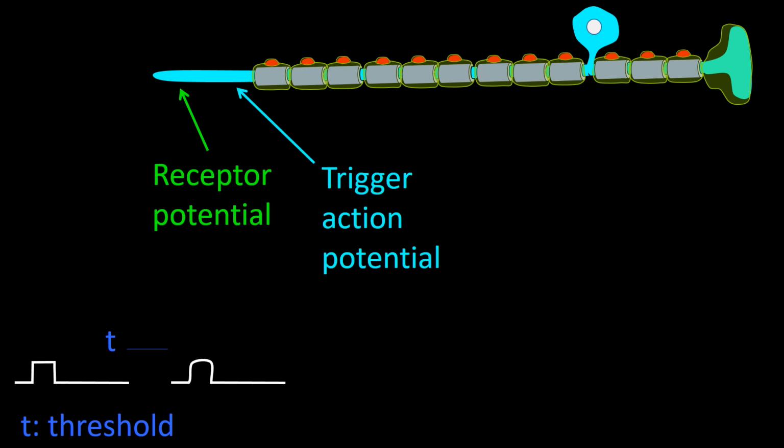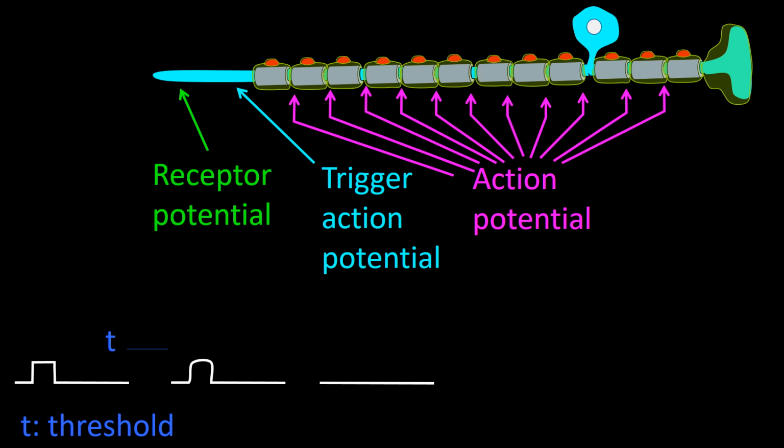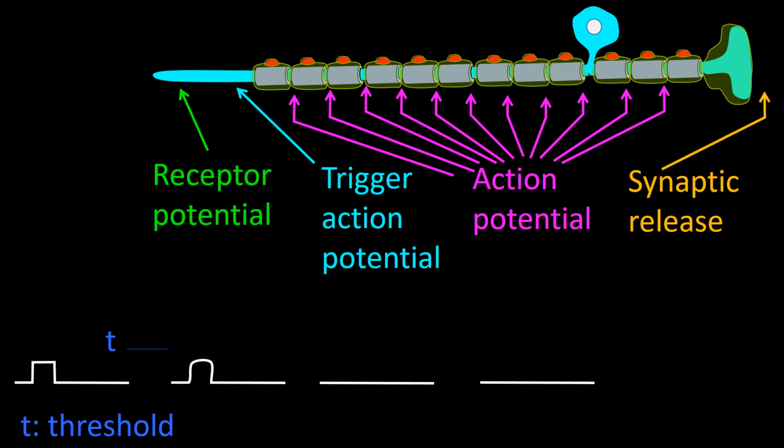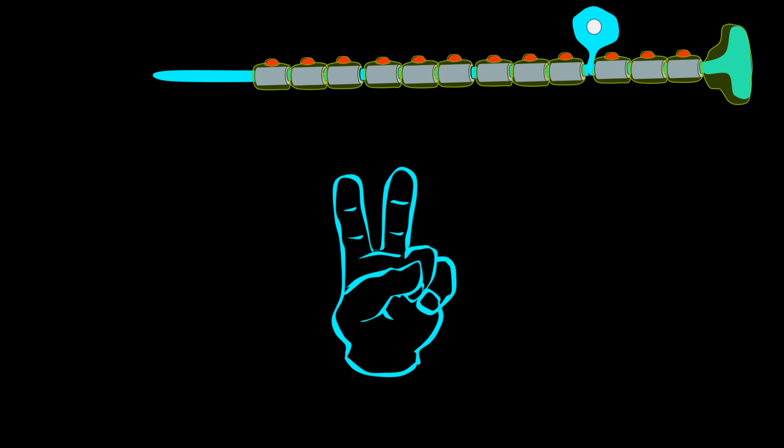The specialized zone of the axon capable of triggering the first action potential will not generate an action potential, and as a consequence, at the node of Ranvier, no action potential will occur, and at the synapse, no neurotransmitter will be released. Now let's look at the second scenario.